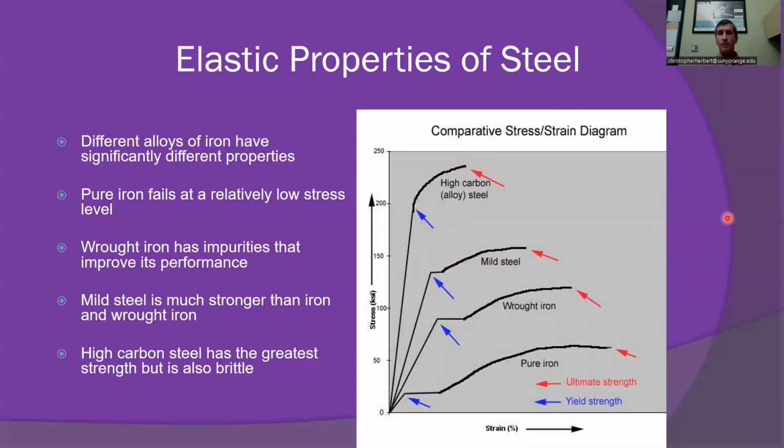Now, one of the most important building materials, of course, is steel, and steel is an alloy of iron. Steel has so many different alloys that are available. And basically, what happens here is with iron, iron has these metallic bonds that are fairly strong. However, it's very, very difficult to get pure iron that is free of defects.